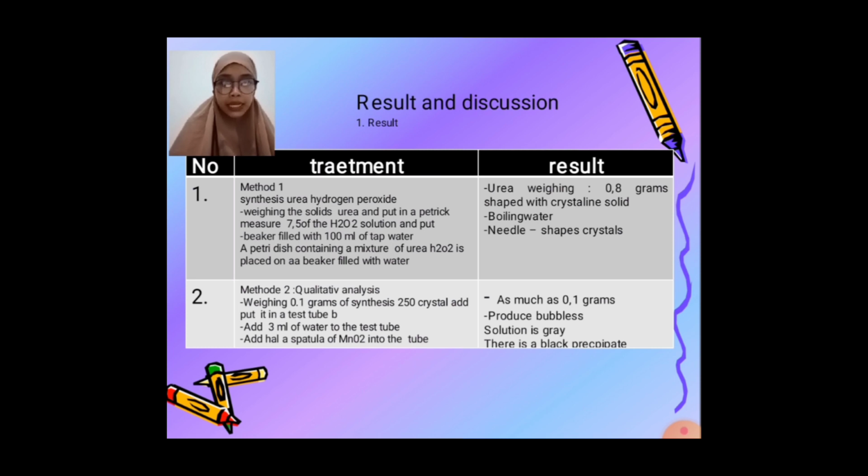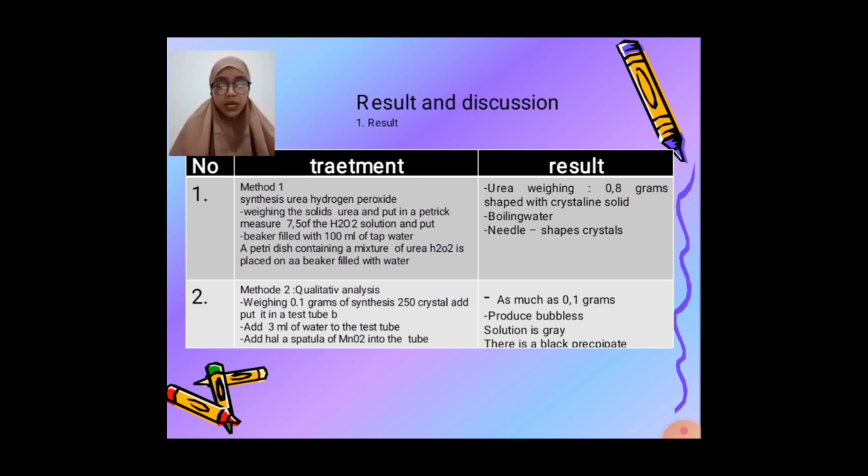A Petri dish containing a mixture of urea and H2O2 is placed on the beaker filled with water. Result: urea weighing 0.8 grams, shaped as a crystalline solid. Boiling water, needle-shaped crystal.